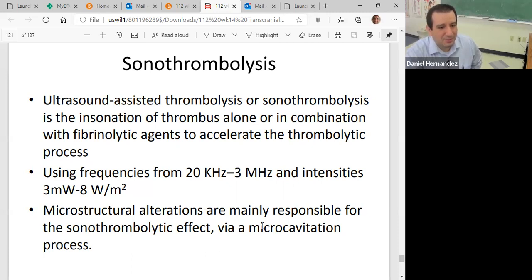If you remember back to your physics, that's the energizing of tissue, and that microcavitation actually helps to break up microplaques within the small arteries of the vessels and increases distal perfusion in the vessels.